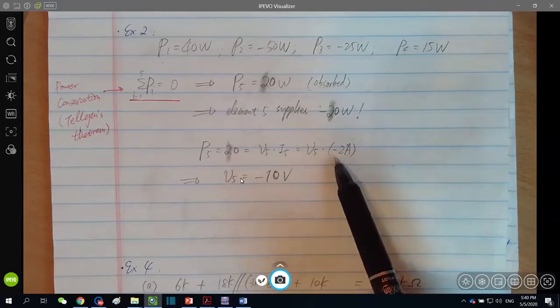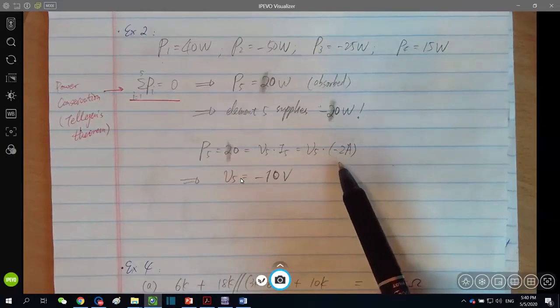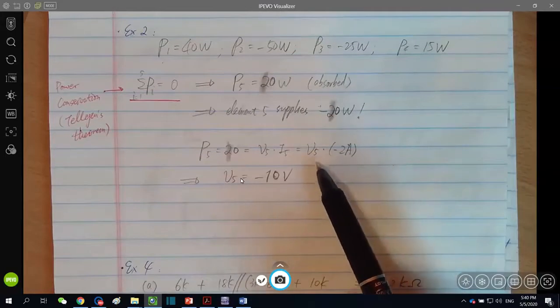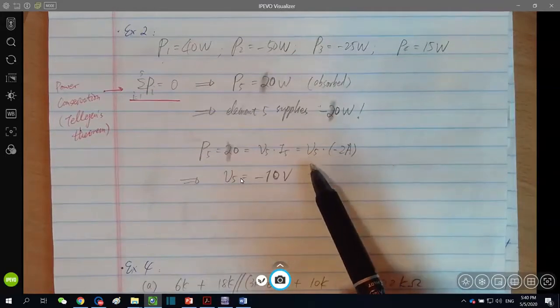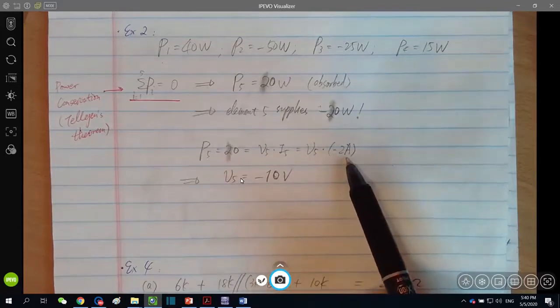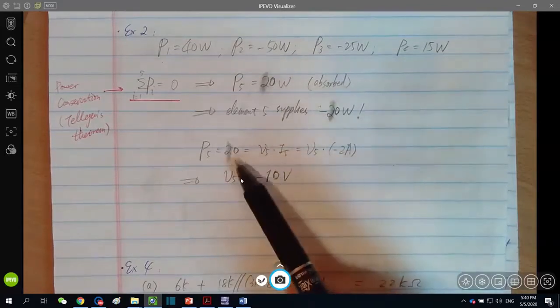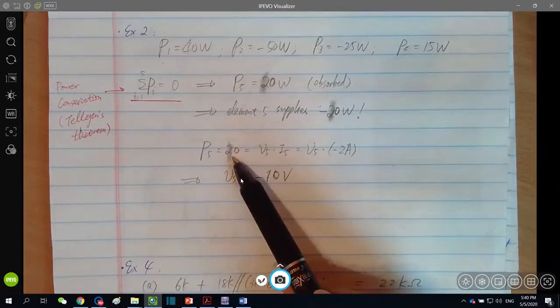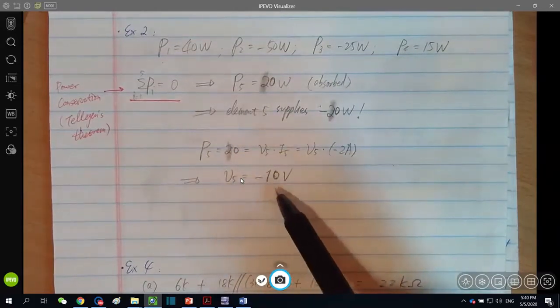The negative 2 ampere as it is entering into the positive polarity of the V5. Therefore, we just directly apply V5 times this negative 2 ampere. It equals to positive 20. Therefore, V5 equals negative 10.